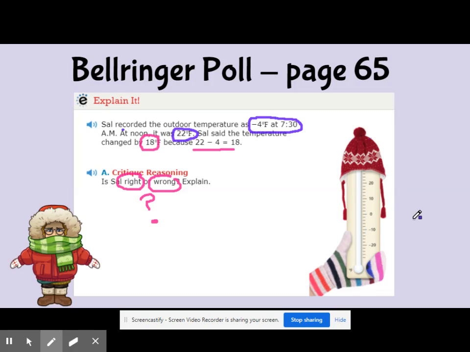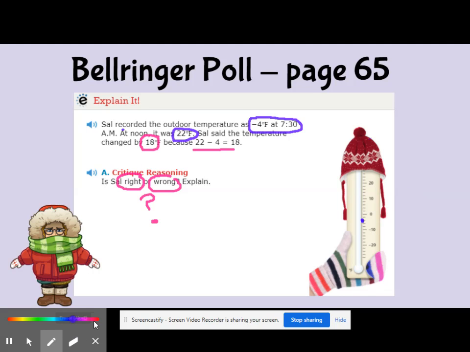They must be using a different scale. Let's check and see if they're counting by 2s. 2, 4, 6, 8, 10. They are. Always check your scale. So -4 would be, go from 0, -2, -4. This dot right about here is -4.